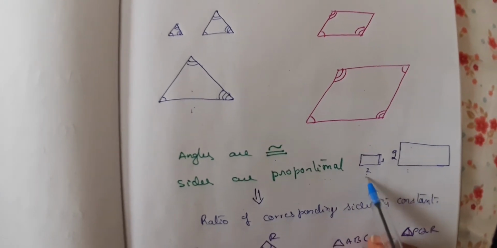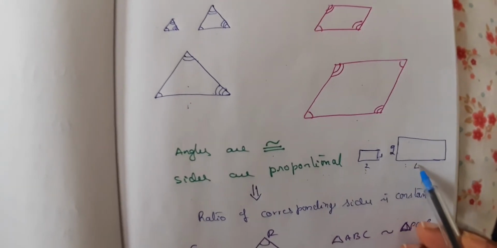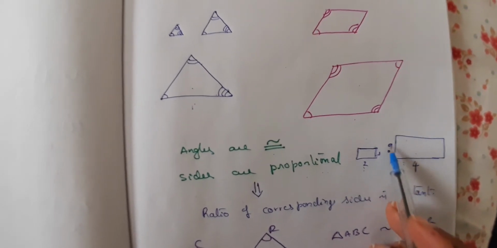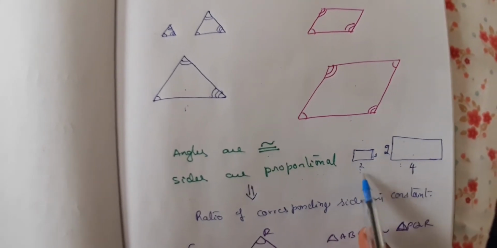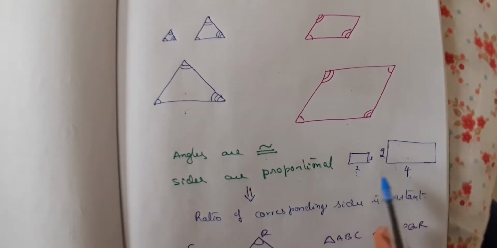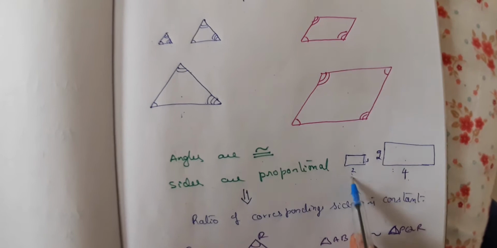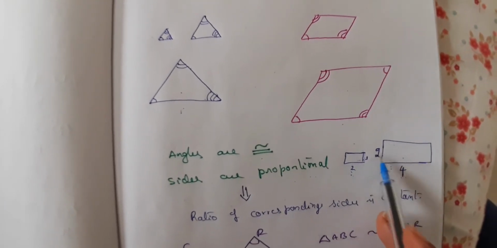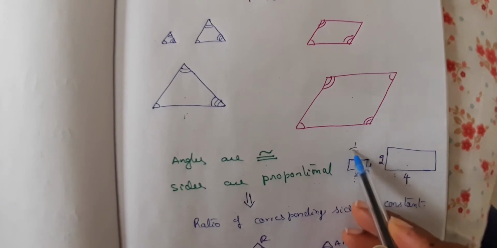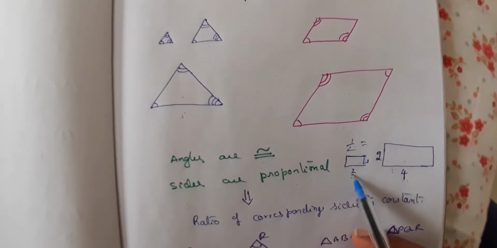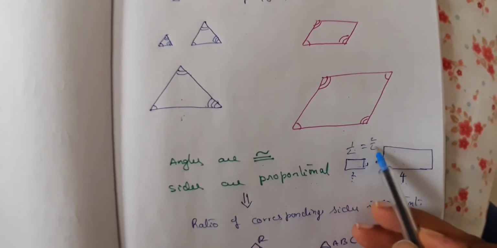See here, length is 2. So if you want to draw a similar rectangle and the breadth is increased by 2 times, then length should also be increased by 2 times. That means the ratio of the breadths is equal to the ratio of lengths. The ratio of the breadths is 1 by 2, smaller by bigger, which is equal to 2 by 4, the ratio of lengths.